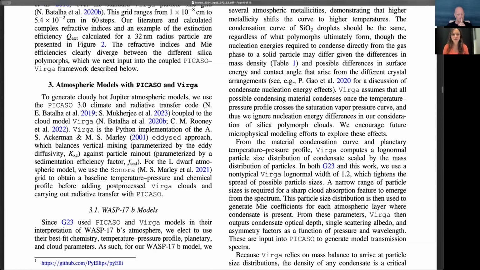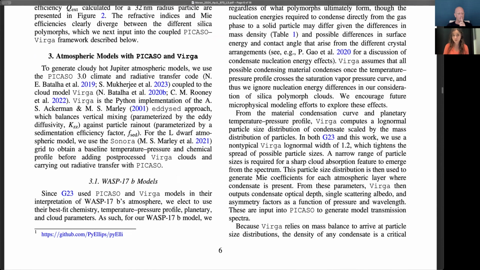The sets of atmospheric models that I have used in this paper are PICASO and Virga. PICASO is for climate and radiative transfer, and it comes from the Sonora family of models that Marley, co-author of the paper, led the development of.